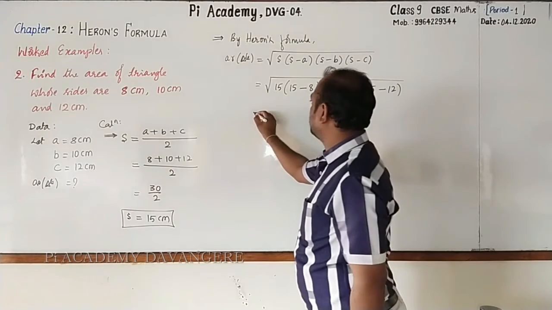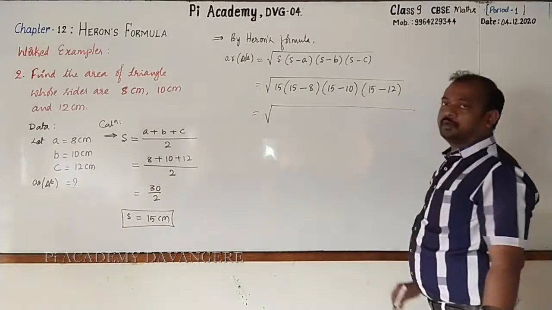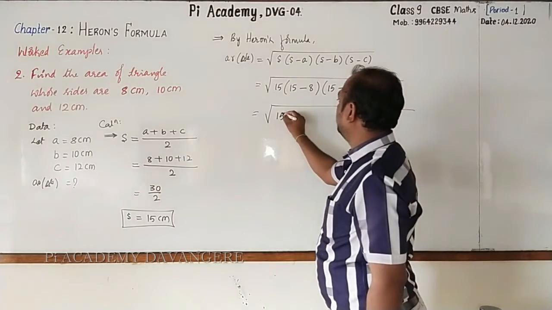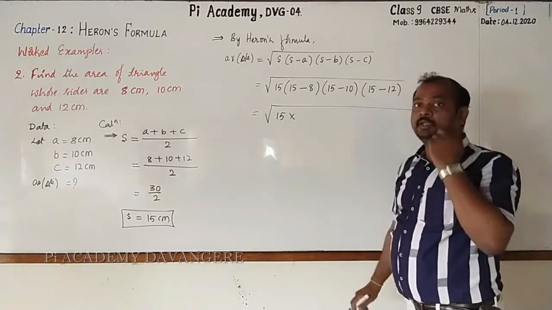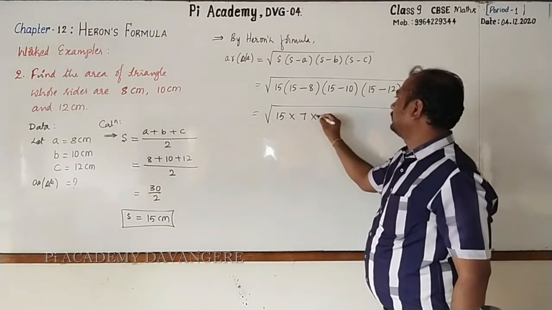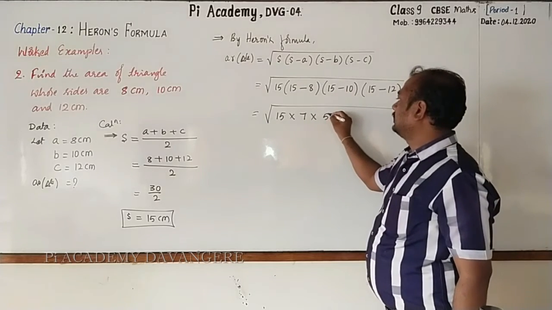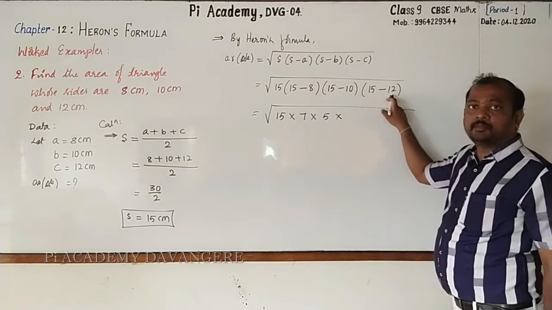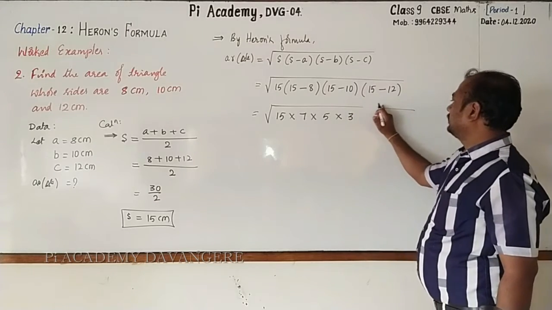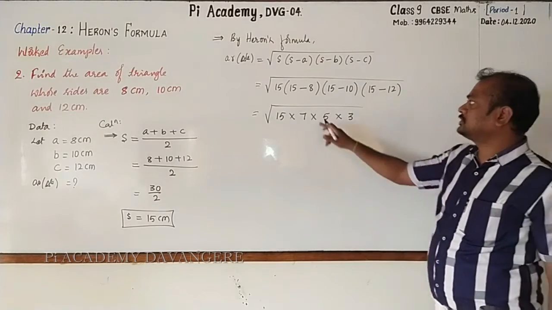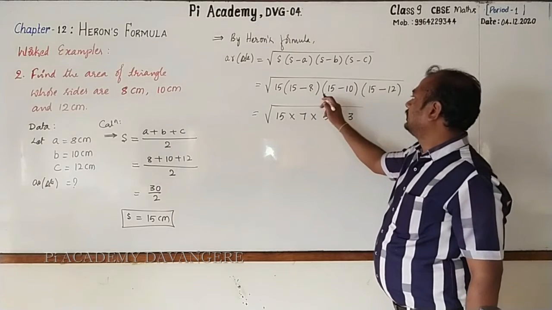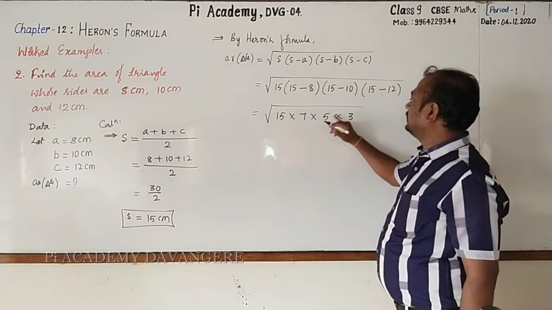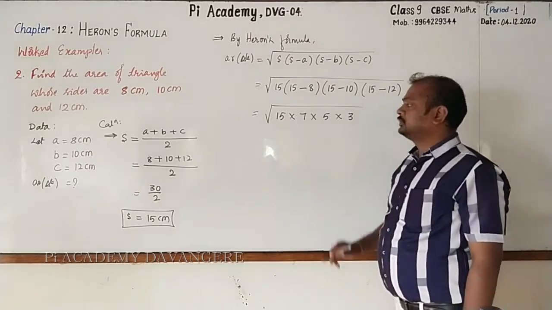Now this is equal to square root of 15 into 15 minus 8 is 7, 15 minus 10 is 5, 15 minus 12, this is 3. Follow? Once you can check that. 15 minus 8 is 7. 15 minus 10 is 5. 15 minus 12 is 3.